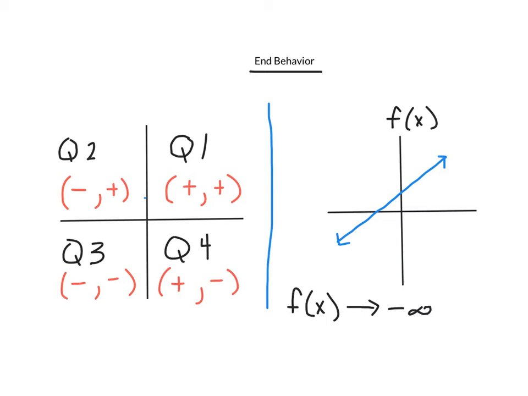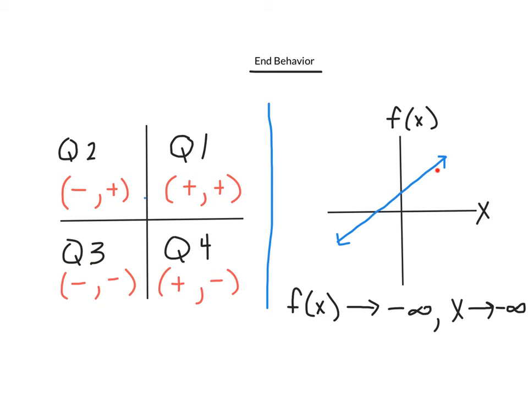As that is happening, our x values are also going toward negative infinity. So again, if you look here, here's our x values. They're going towards negative infinity. We have two ends to this graph, so we're going to look at this end next.